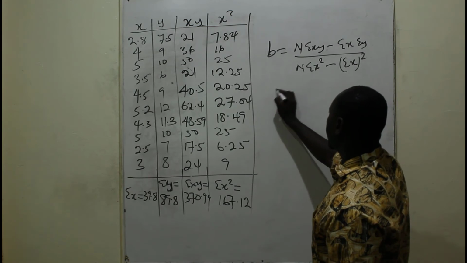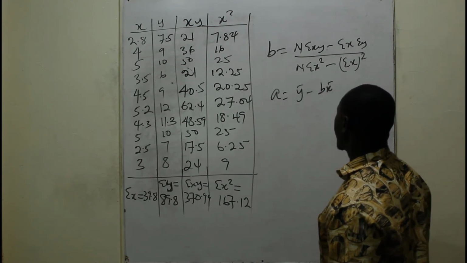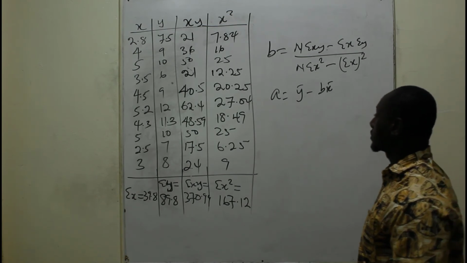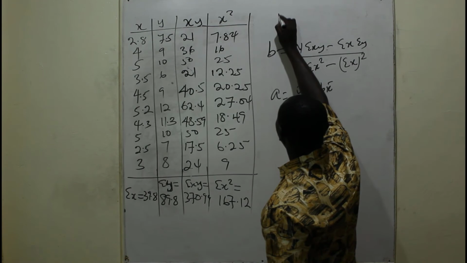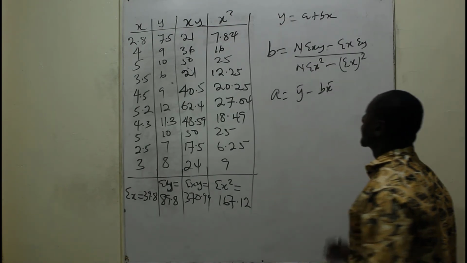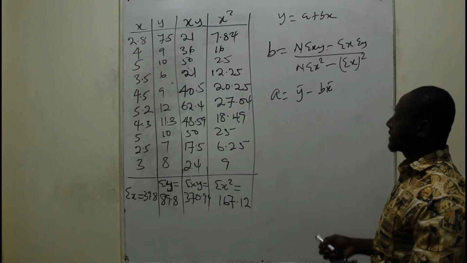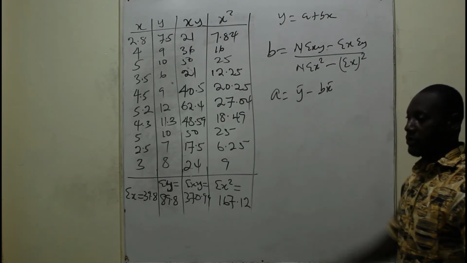I also said that A is equal to y bar minus b times x bar, because we have an equation equal to A plus bx. So instead of using the two normal equations, I can go this way to get to the answer.